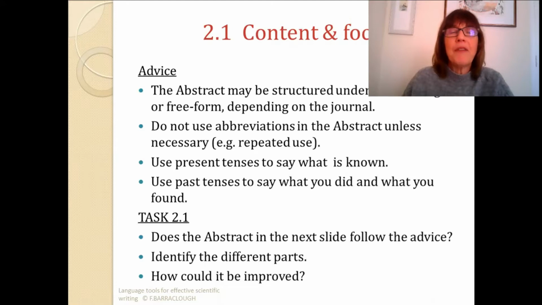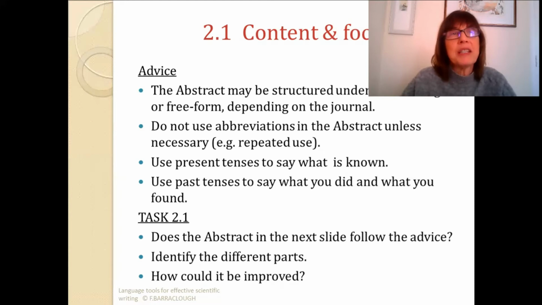Other pieces of advice say that we should not use abbreviations in an abstract unless necessary. For example, if we are speaking about a method that has a very long name and it's normally abbreviated, then we could mention it the first time and then just use the abbreviation.